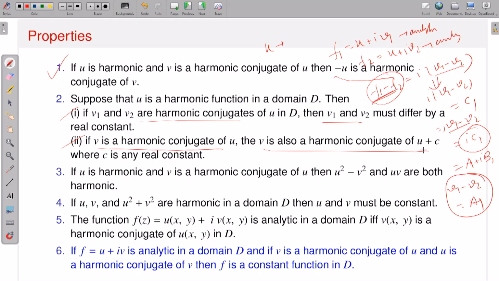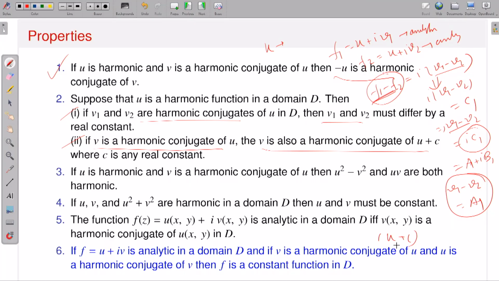So given a harmonic function U, if I have a harmonic conjugate V, that means U plus iV is analytic. It says that V is also a harmonic conjugate of U plus C, because I am adding a constant. So if I have an analytic function and I add some constant, it will also be an analytic function.